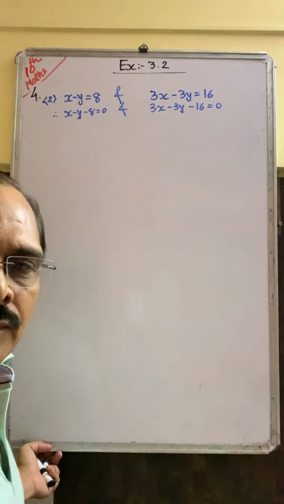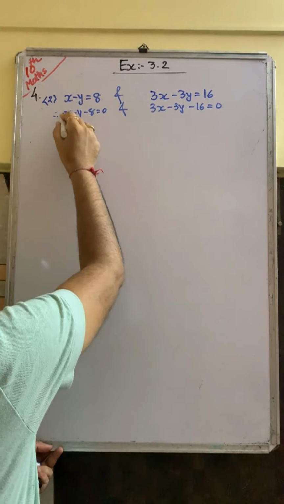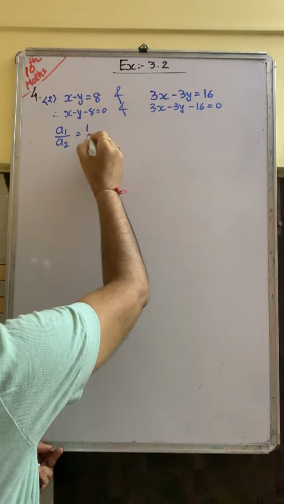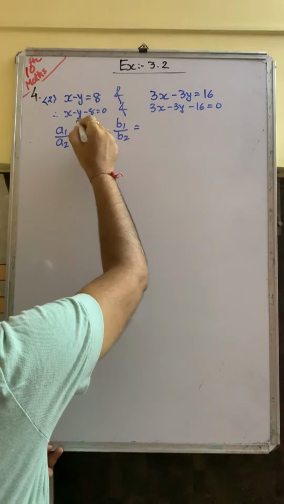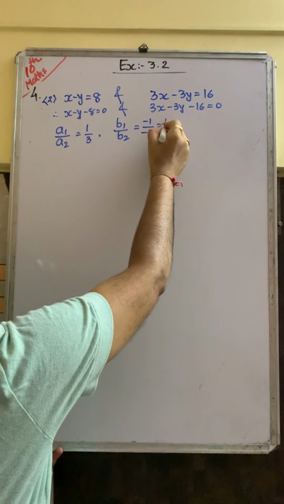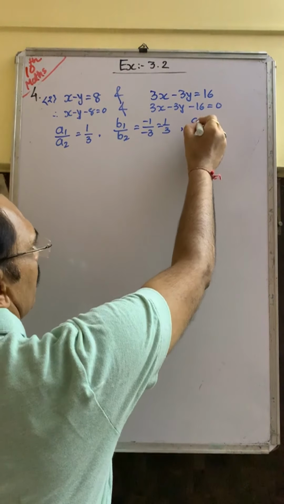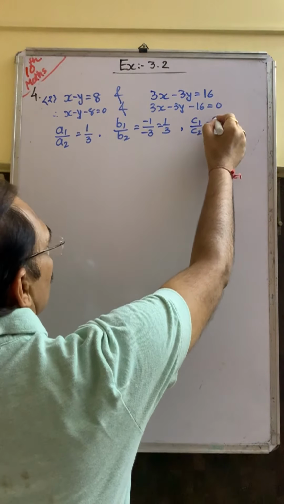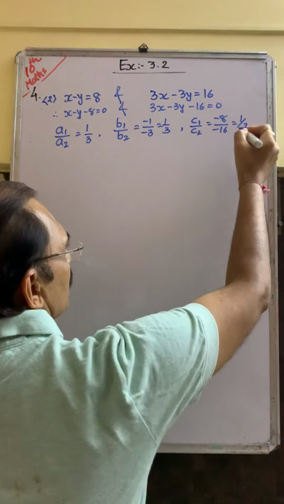Okay. Now find the ratio a1 upon a2. Coefficient of x is 1. Here coefficient of x is 3. b1 upon b2. Coefficient of y is minus 1. Here coefficient of y is minus 3. That is 1 by 3. And c1 upon c2 equals to minus 8 upon minus 16, that is 1 upon 2.